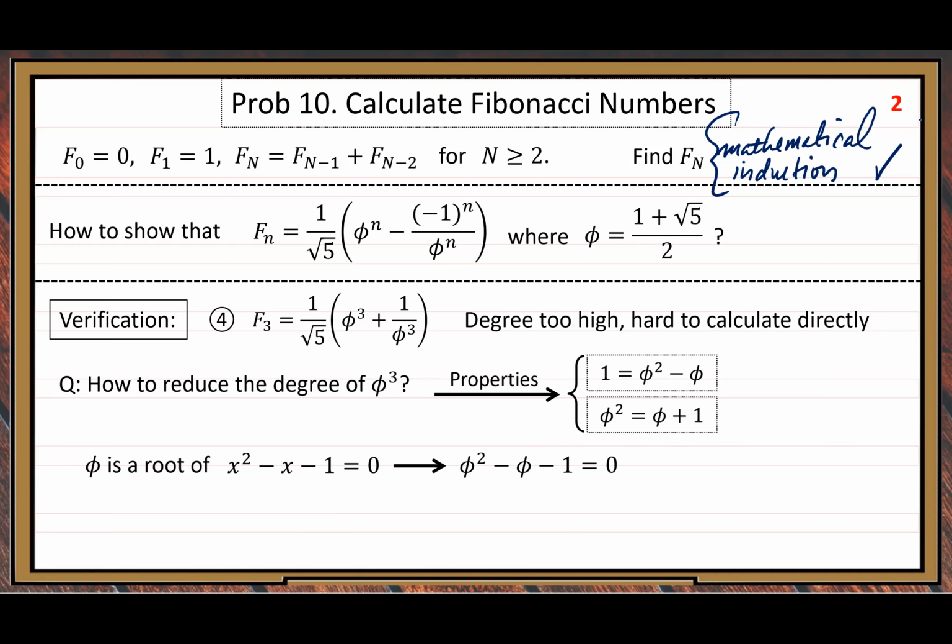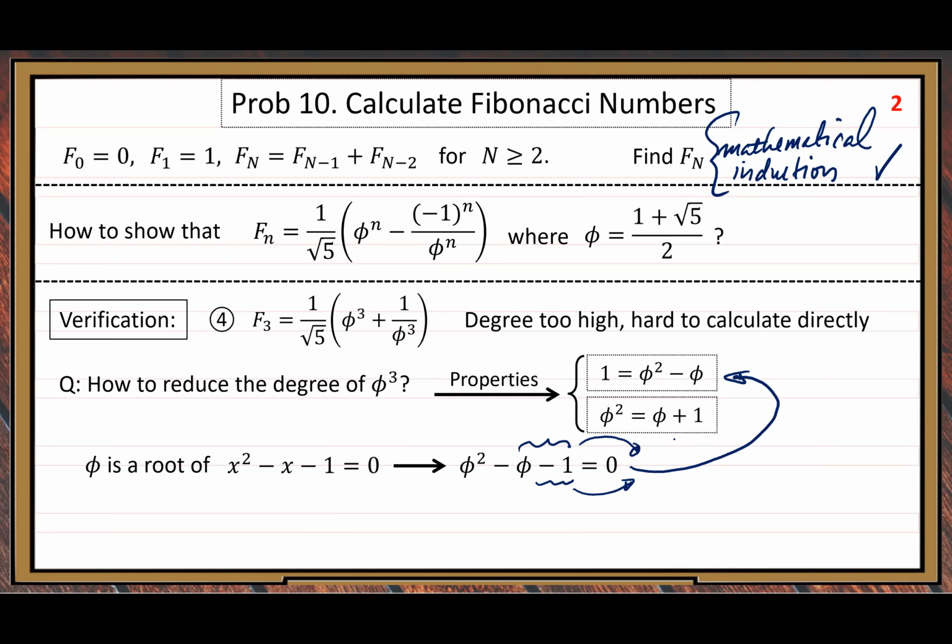From this equality, we can just change the expression. Move this term to the other side, we get the first property. Then move these 2 terms from left to right, and we get the second property. So that's simple.